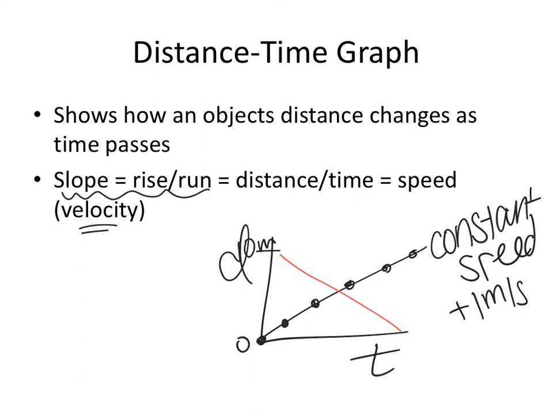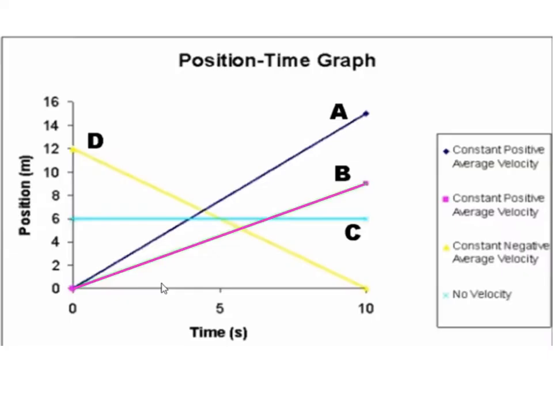So it's still a constant speed if we got a linear line. The red line maybe is a negative 1 meters per second, and that means I'm going back towards start, or whatever I denote as the negative direction, which could be down, it could be south, or it could be to the left, depending upon what you set as your positive and negative values.